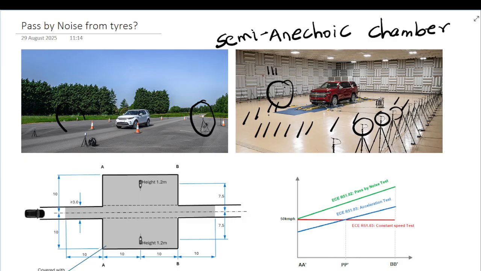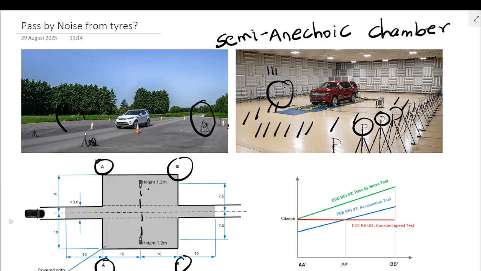So typically how this measurement goes is you have a track. This is an outdoor setup we have shown here, which is preferred because creating an indoor setup costs more. So industries mostly go for this outdoor setup where your car passes through two lines called AA dash and BB dash, and the measurement happens at the point where the microphones are kept.